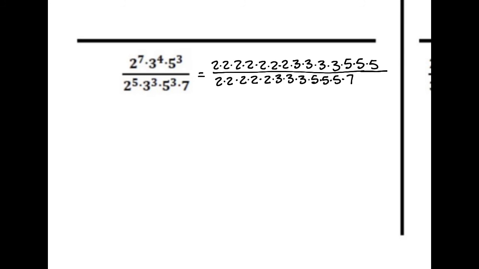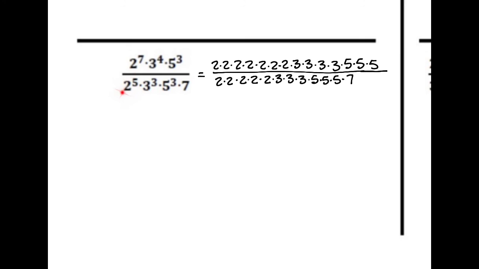All right. This one. I don't know why they're throwing it in on this particular page, but here we go. What this actually means is, let me write it completely out. Holy cow, right? Okay, so we have 7 2s, 4 3s, and 3 5s on the top.